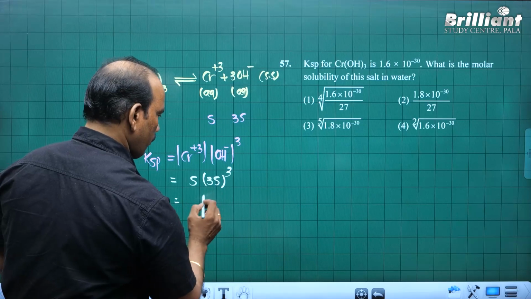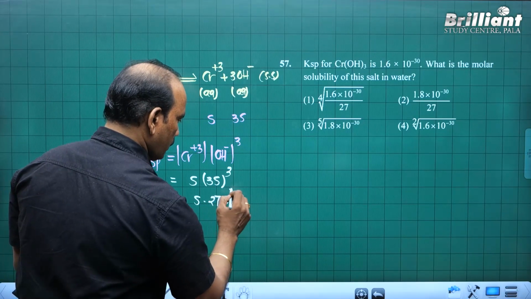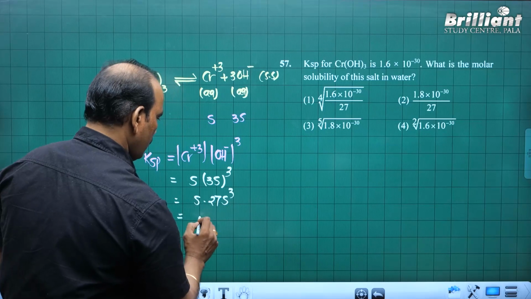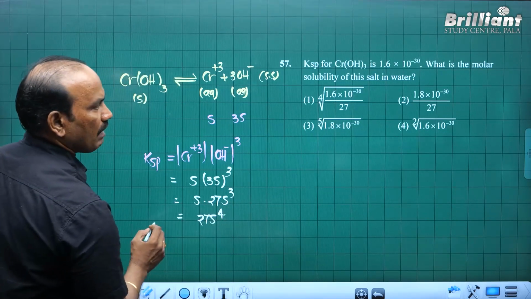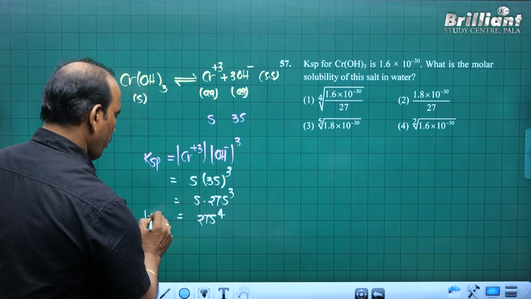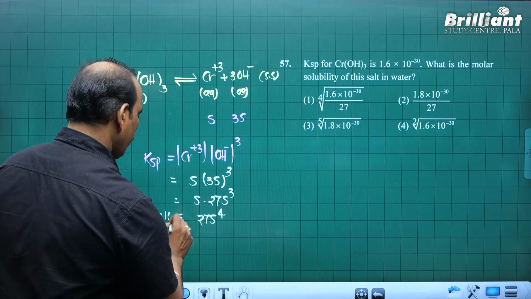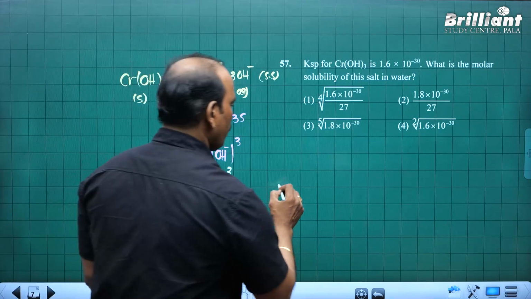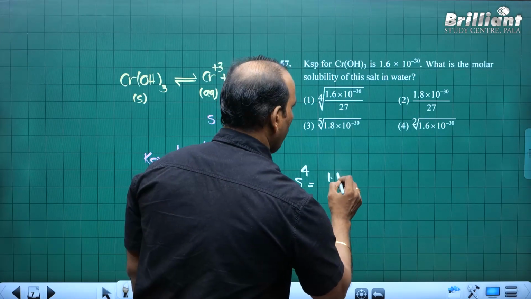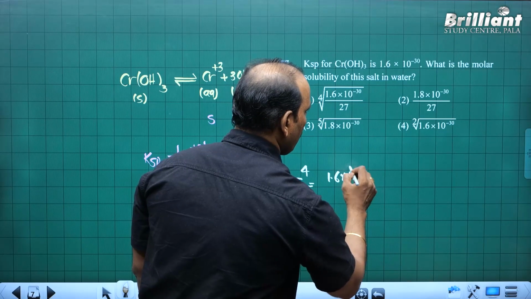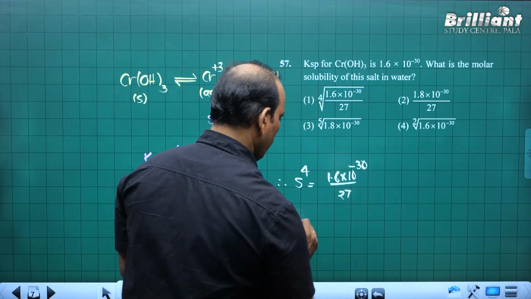What is the value? S into 27 S cube. Therefore, 27 S power 4. What is the value of this one? 1.6 into 10 power minus 30. Therefore, S power 4 equals 1.6 into 10 power minus 30 by 27.